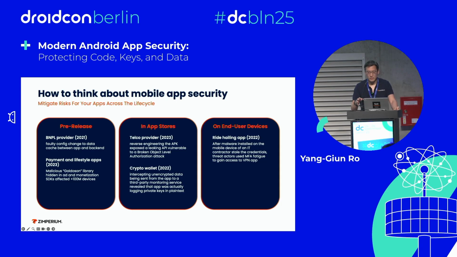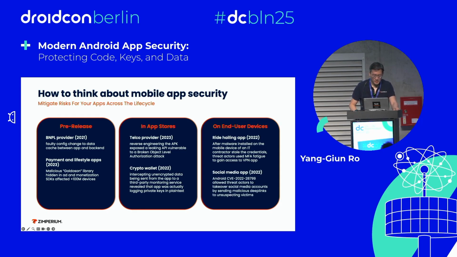So the way they dealt with that was just by bombarding that end user with authorization requests saying, hey, we had some change in our security, right? Please log in to verify that it's really you. And they would spam these authorization requests to the point where that contractor would eventually say, yeah, okay, whatever, authorize it. And that's how threat actors gained access to the corporate VPN. And then from there, they were able to move laterally and steal a lot of data and compromise the integrity of customer data of that company.